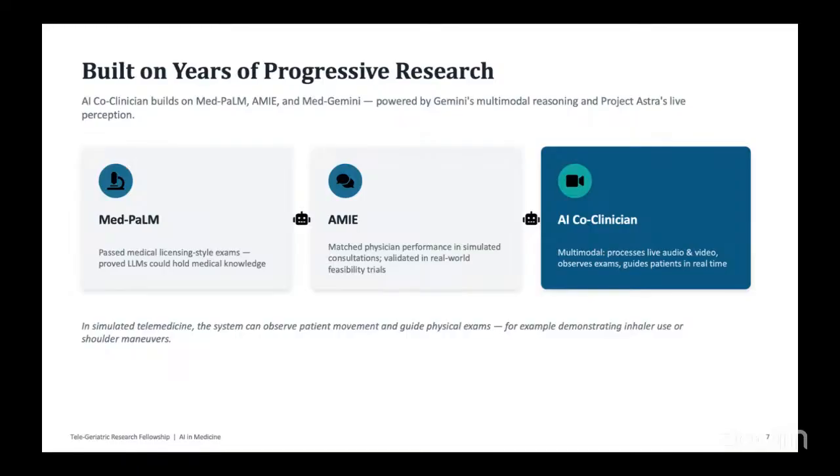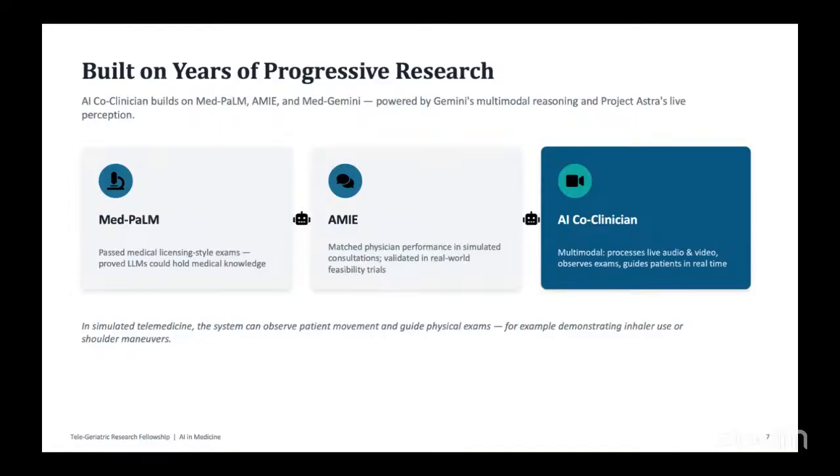The next milestone was AMIE, the Articulate Medical Intelligence Explorer, which went further and matched physician-level performance in simulated diagnostic consultations, later validated in real-world feasibility trials, not just controlled lab settings. The AI co-clinician is the next chapter, and the key technical leap is built on Gemini's reasoning capabilities and Project Astra's live perception technology.